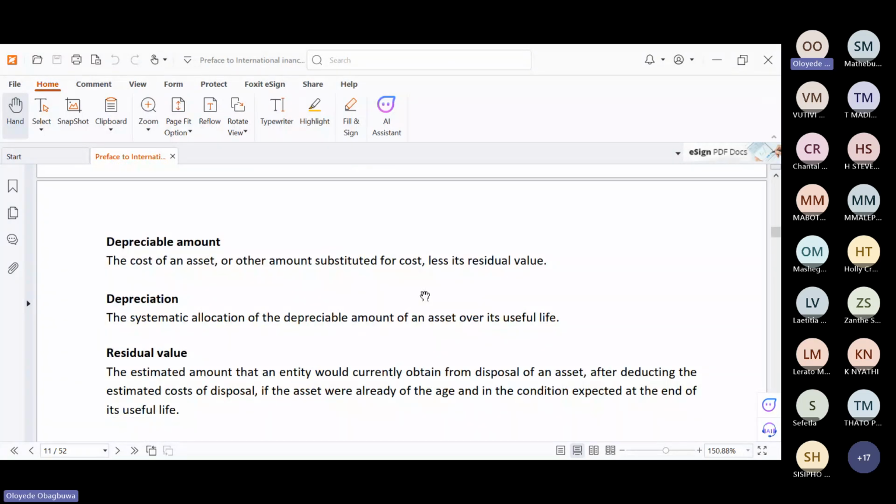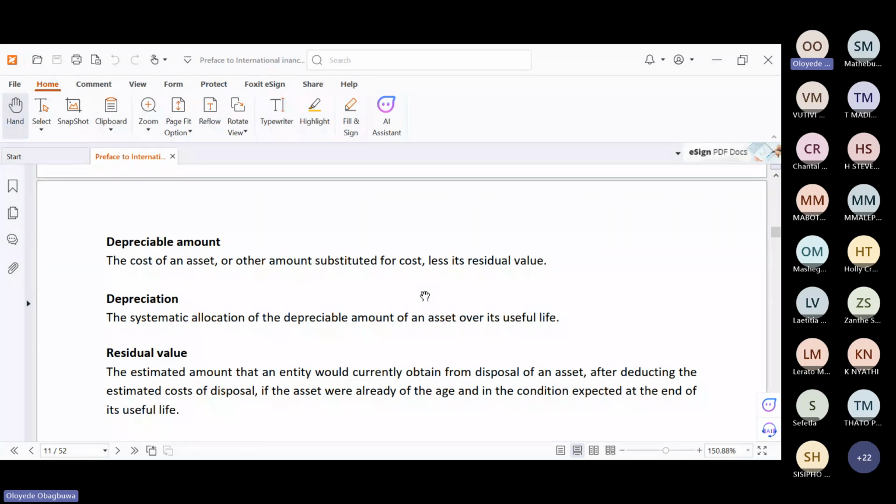Then depreciable amount. That is the cost of an asset or other amount substituted for cost, less the residual value. What is residual value?